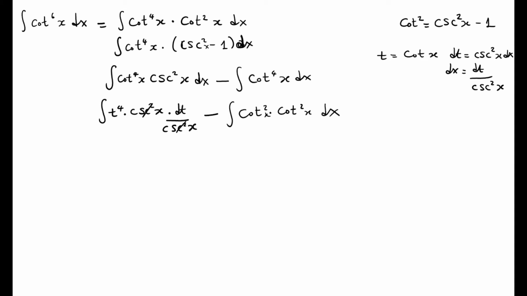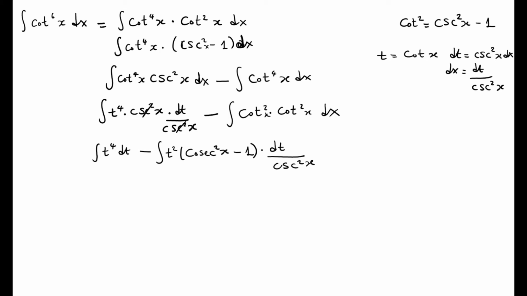So here you have the integral of t to the power 4 dt minus the integral of, here we said cot is equal to t, so this one was t to the power 2 multiplied by (cosec squared of x minus 1) multiplied by dt over cosec squared of x.